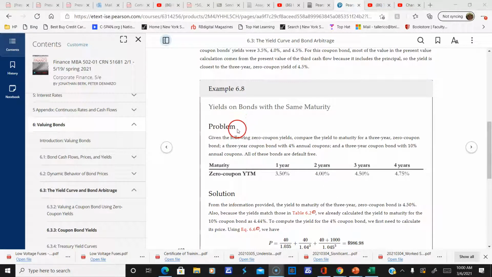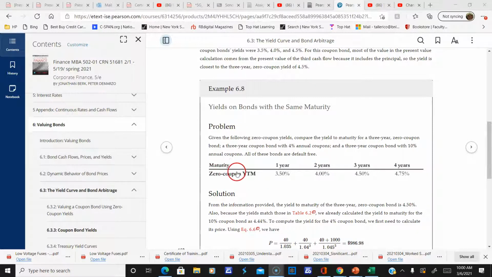All right, so another example here. They give you a lot of nice examples here. Yields on bonds with the same maturity. Given the following zero coupon yields, compare the yield to maturity for a 3-year zero coupon bond, a 3-year coupon bond with 4% annual coupons, and a 3-year coupon bond with 10% annual coupons. All of these bonds are default free.